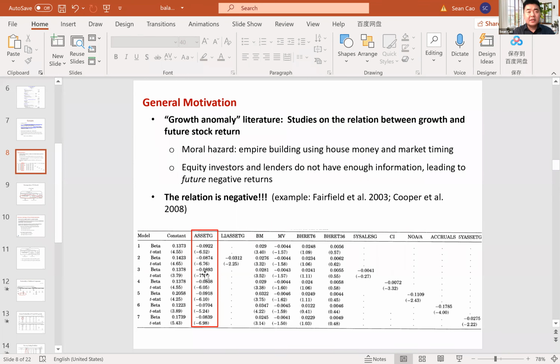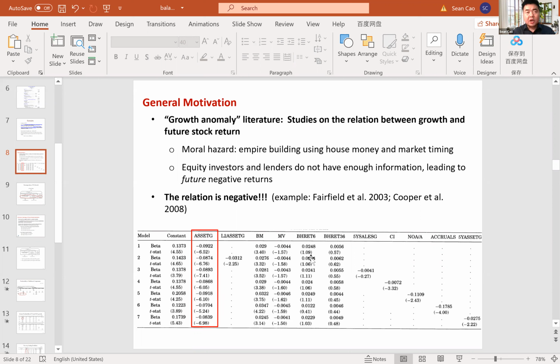So basically, the idea is, if a firm has extreme asset growth, the firm will experience negative stock returns in the future, in the next year. And so we have the theory, we have the test. The theory is, when managers do empire building, they may have future negative returns in stock price.